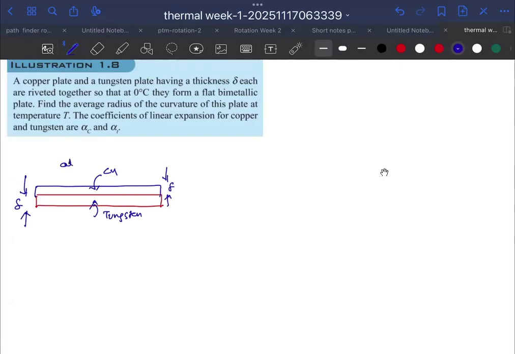Remember, this is at 0 degrees centigrade. So, one thing that you don't know is alpha copper is greater than alpha tungsten. So, what happens?